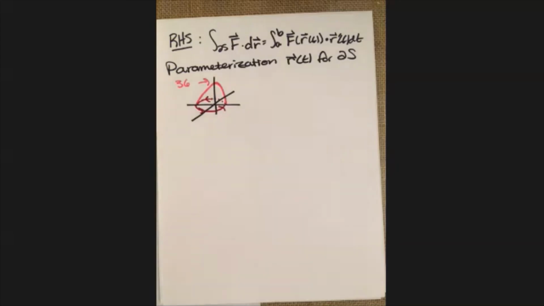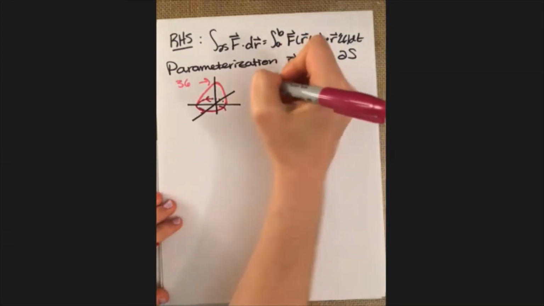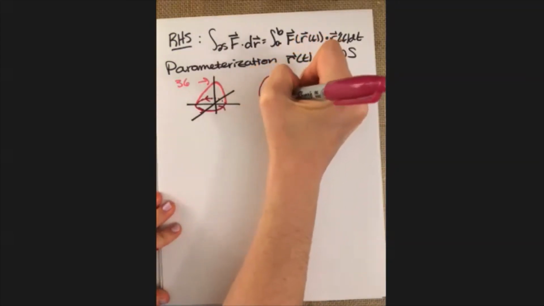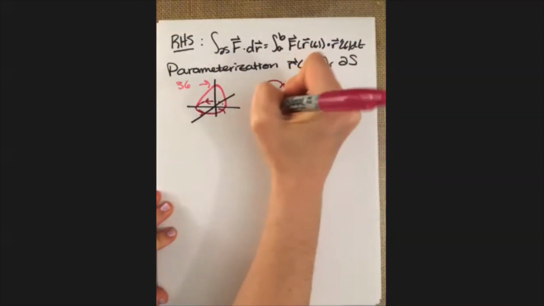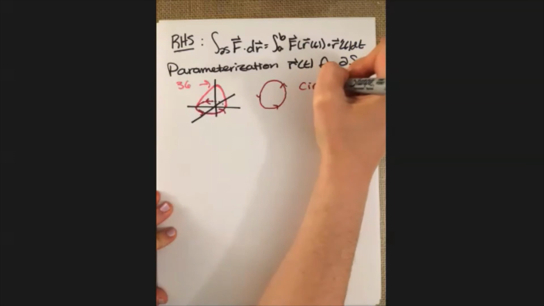And the other thing that we know about this now is that it is, well, it's circle-ish, a circle with r equal to 6.